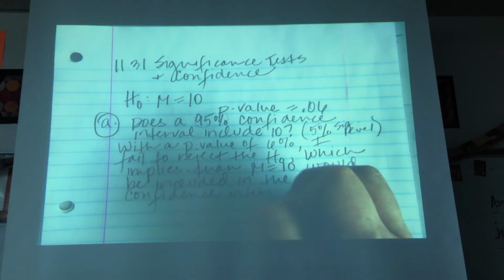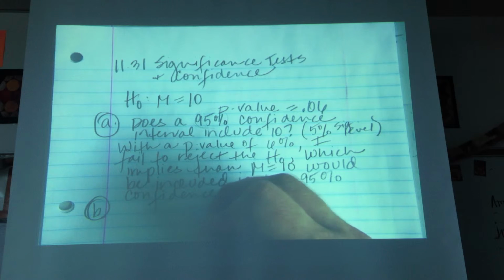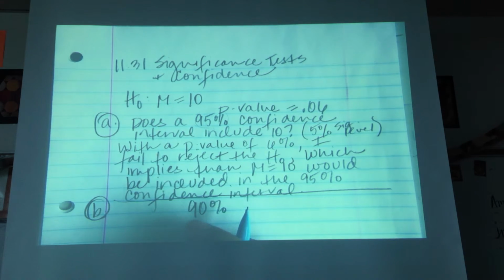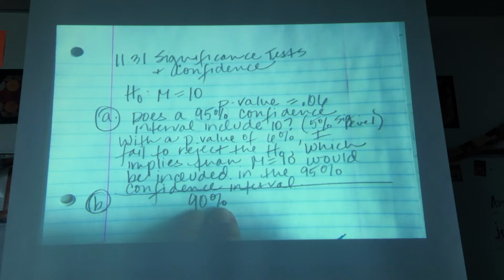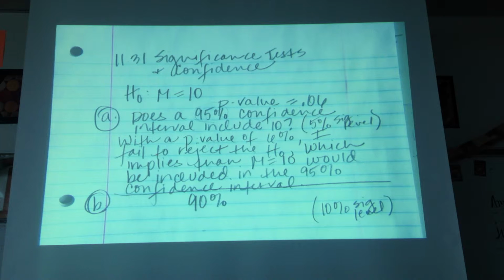Now, without me writing up everything related to B, does a 90% confidence interval include 10? If I'm at a 90% confidence interval, that's going to be a 10% significance level. I have a p-value of 6%. In part B, I would reject the null because my p-value of 6% is under the 10% level.